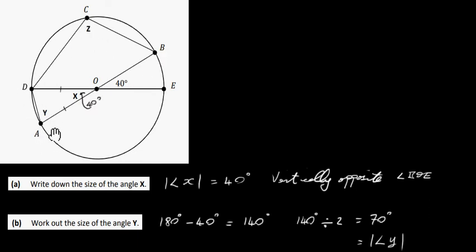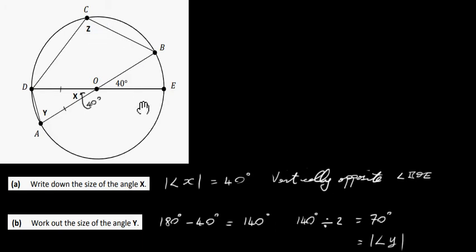In other words, a circle can be drawn around it so that the circle goes through each of the 4 vertices. And the thing about cyclic quadrilaterals is that angles opposite each other add up to 180 degrees. So we've already worked out Y here as 70. So the angle opposite Y is Z. So that would be just 110 degrees.